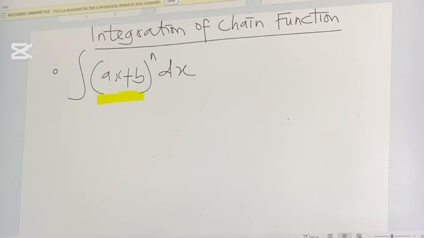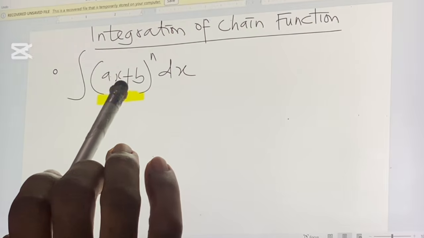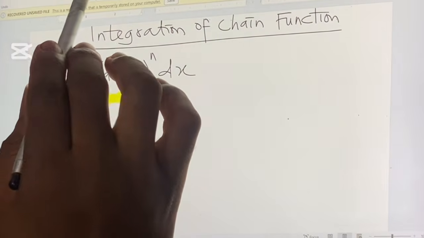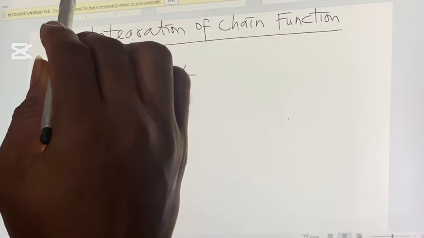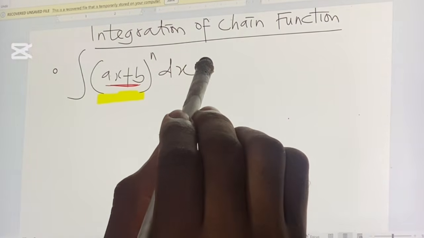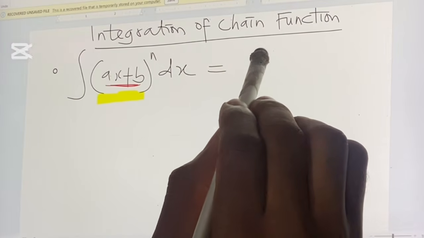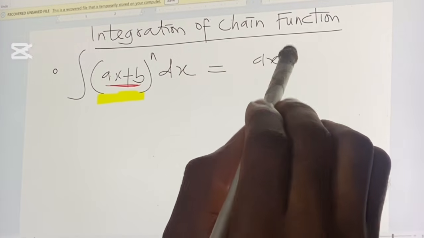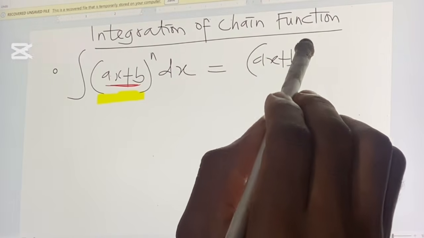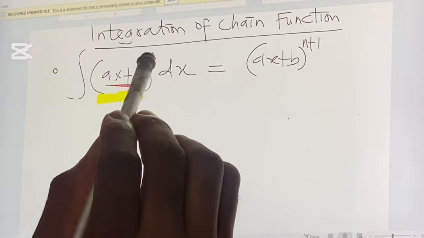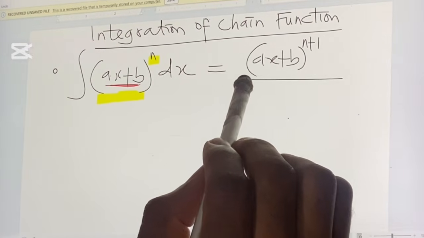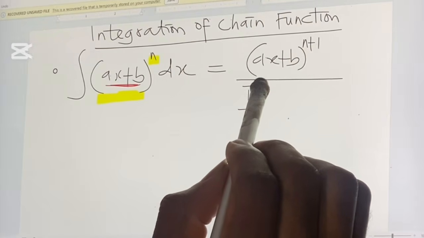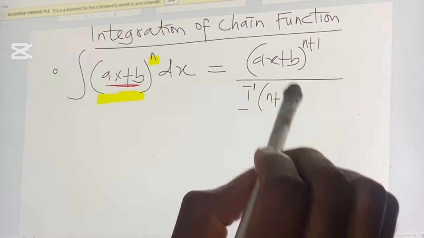This is what you have to understand from this. Whenever you have an expression in brackets with a power, to integrate that, the format is (as + b) raised to the power of n + 1, that is, you add 1 to this n, over the inner derivative times (n + 1).